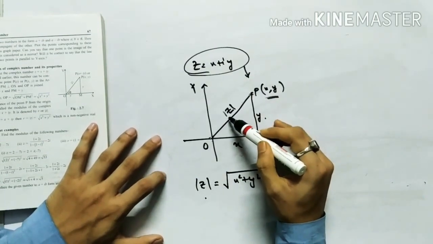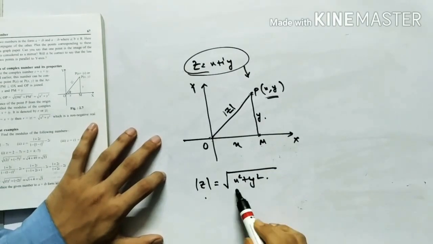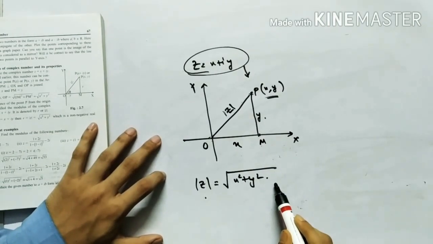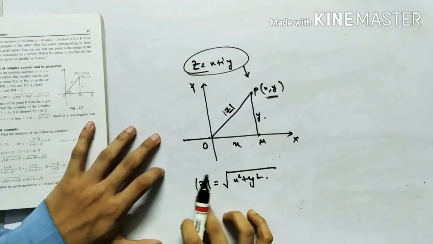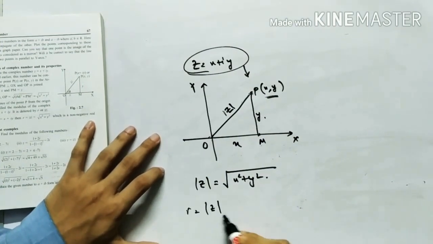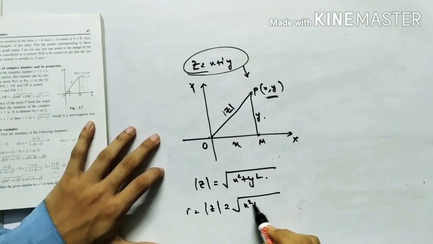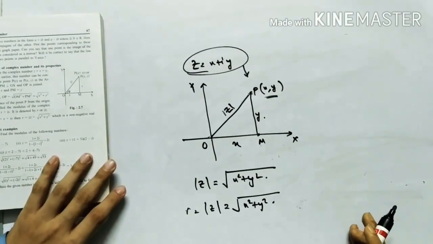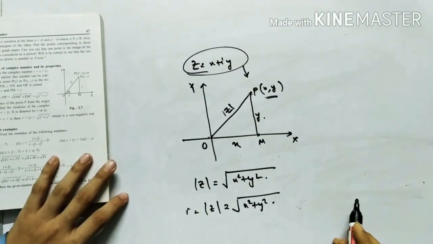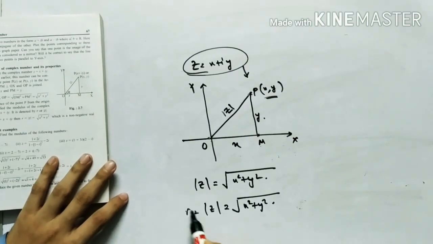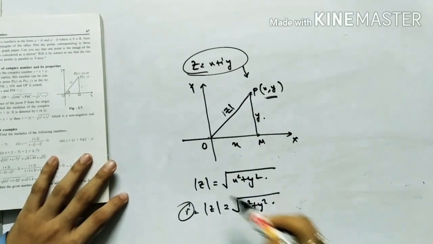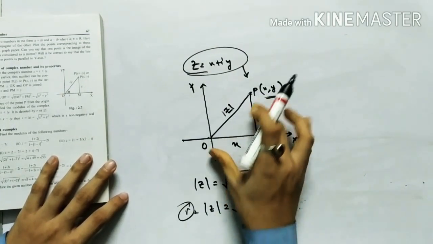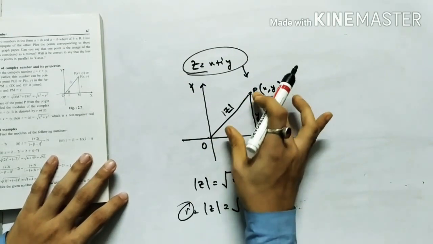It is also denoted by r. You can write r equals modulus z equals root over x square plus y square, which is a non-negative real number. Modulus z is the distance from the origin to this point.